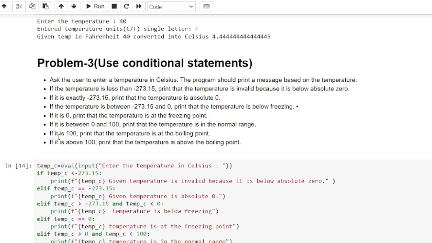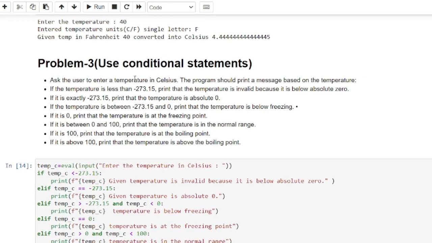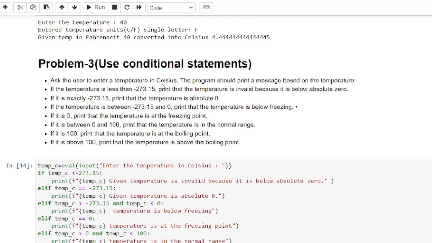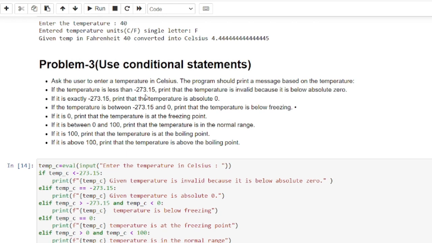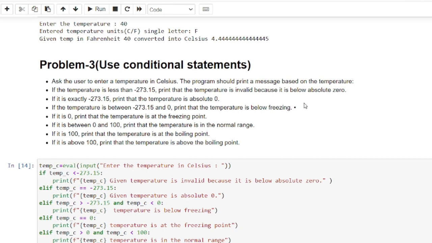Now let us see problem 3. Ask the user to enter the temperature in Celsius. It is always in Celsius, but if the temperature is less than minus 273.15, then we need to print an invalid message.